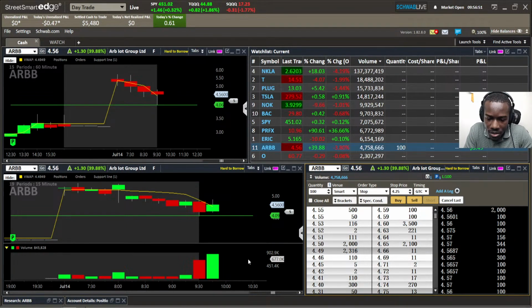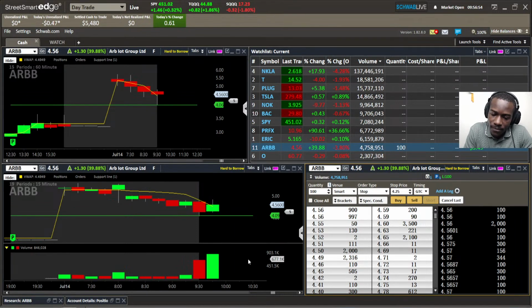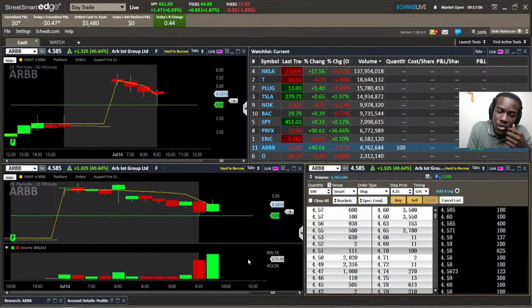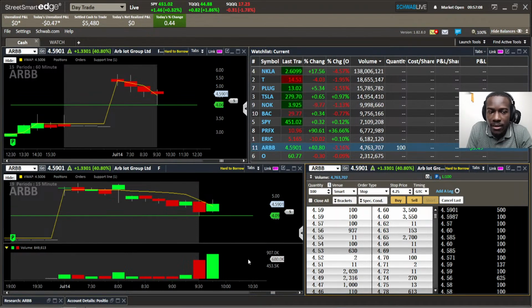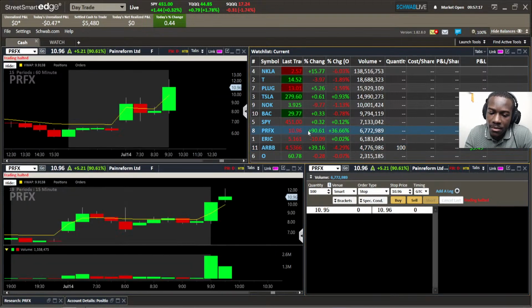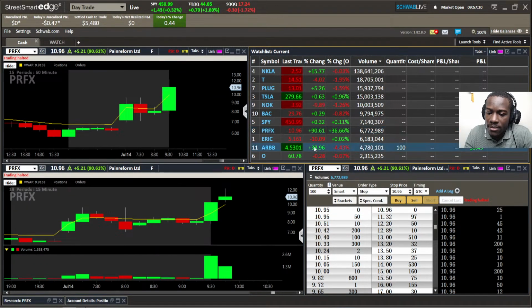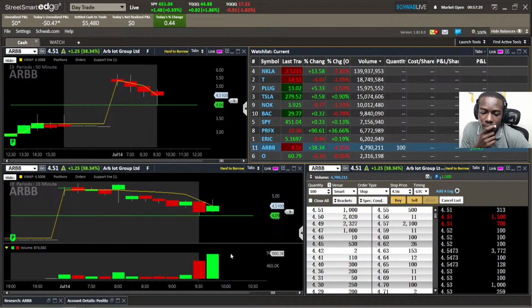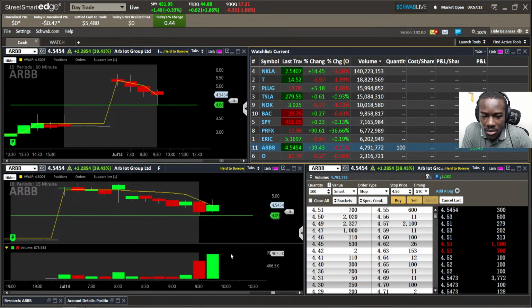They're trying to push it back below 450. Very short-lived green, red to green there. PFRX has since come down, halted to the downside. $450 looking like it's wanting to break down a little bit here.